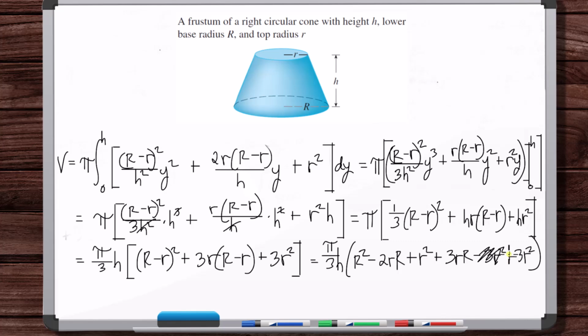So these cancel and we're left with capital R squared plus lowercase r squared, and then these are the same terms, so this would be plus lowercase r capital R. And there you go. That is the volume.